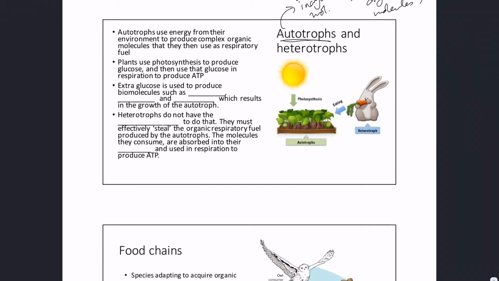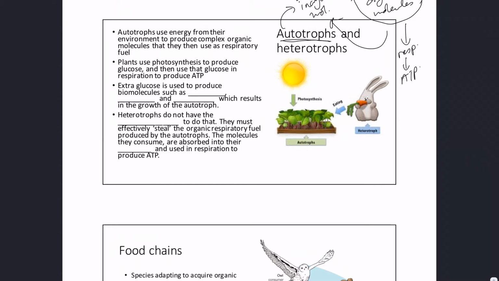But the process by which they do that is called photosynthesis, at least in plants. So the photosynthetic organisms carry out photosynthesis. There's other types of organisms that do this in other ways that we can't call photosynthesis. However, by and large, it's photosynthesis. Okay, so they create their complex organic molecules for themselves, and then they break those down in respiration, producing ATP and converting the complex organic molecules back into simple inorganic molecules.